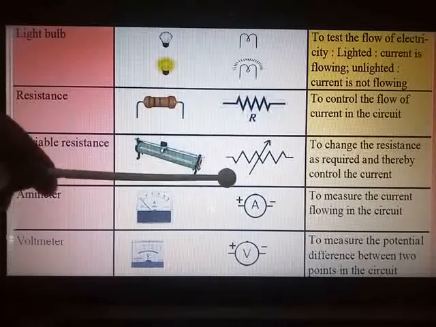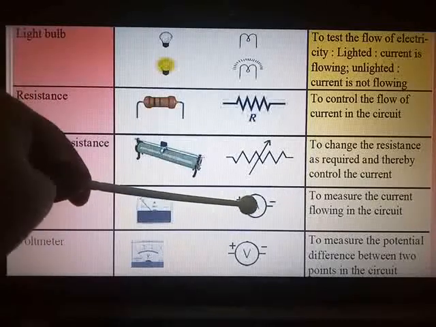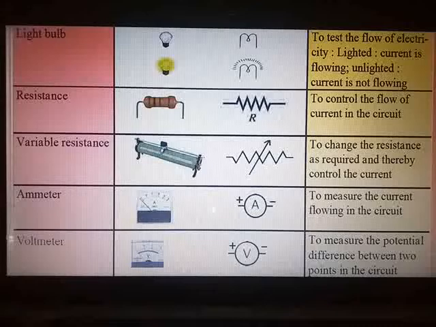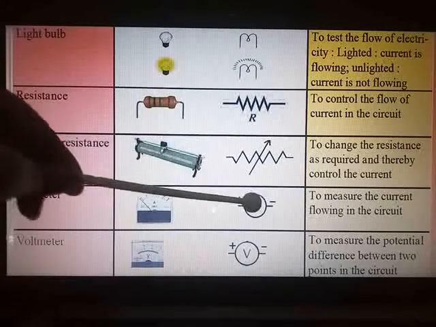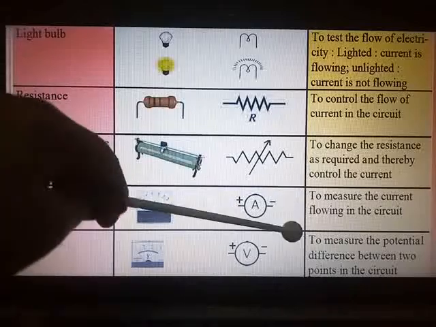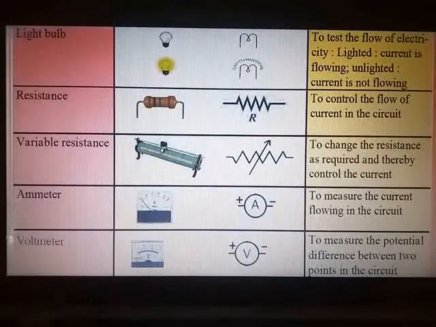Ammeter, I have already told you, is a small circle with a positive and negative terminal with a capital A in between, to measure the current flowing in the circuit. And voltmeter, same, only inside the circle you have a capital V, to measure the potential difference between two points in a circuit.